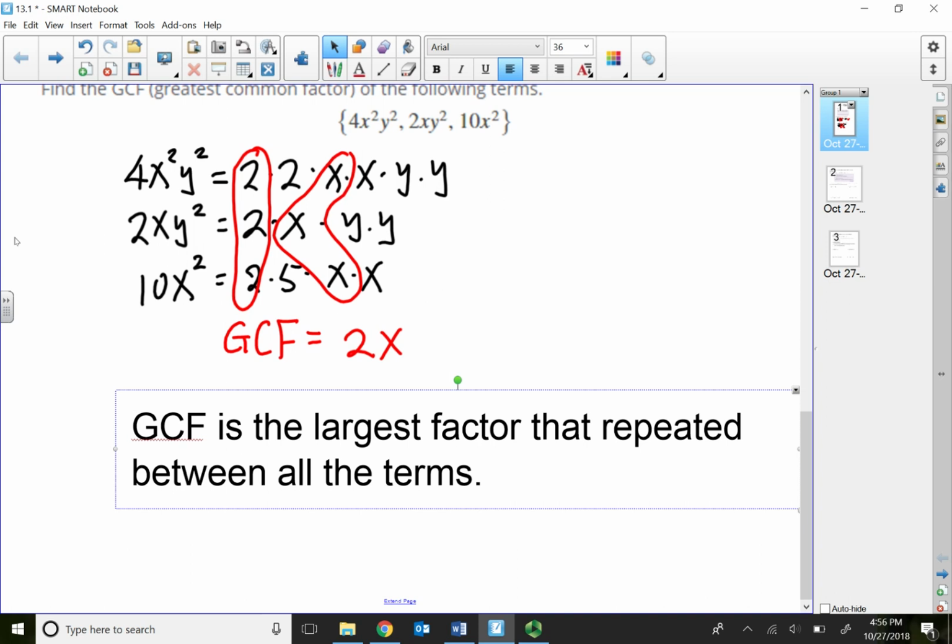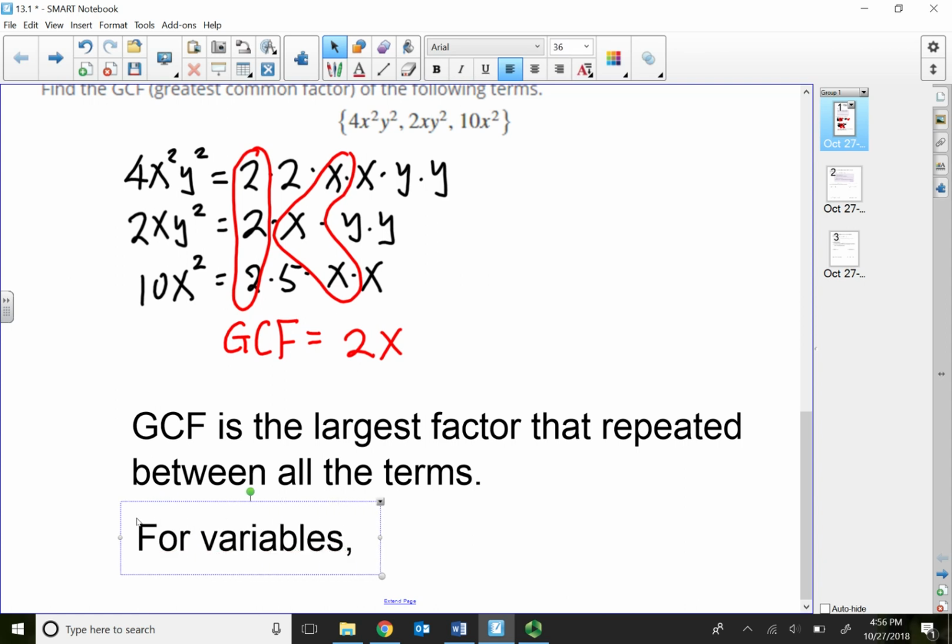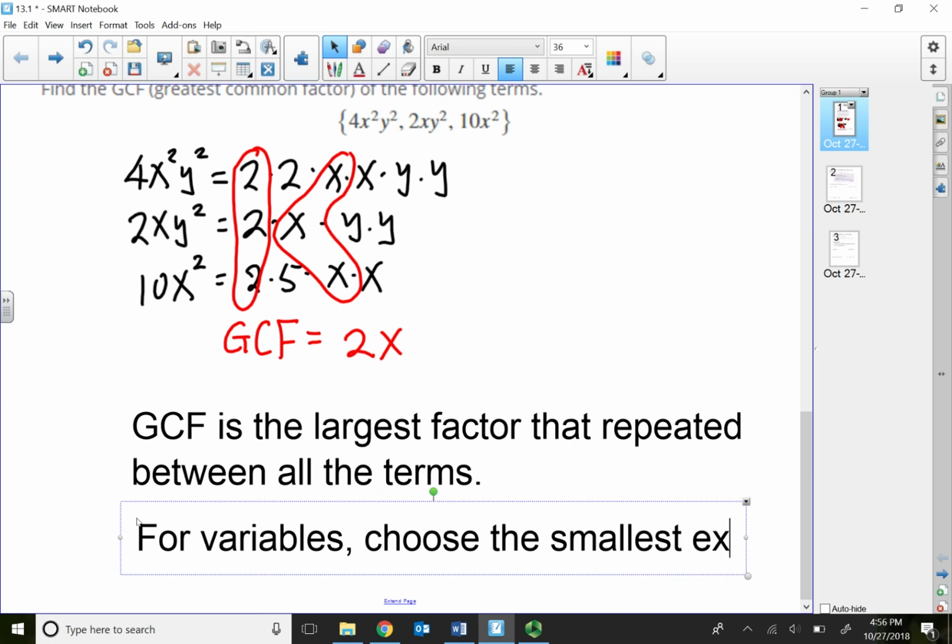When it comes to variables, we're thinking about the same thing, repeated between all the terms. So for variables, we're always going to choose the smallest exponent. Why do I have to choose the smallest exponent?